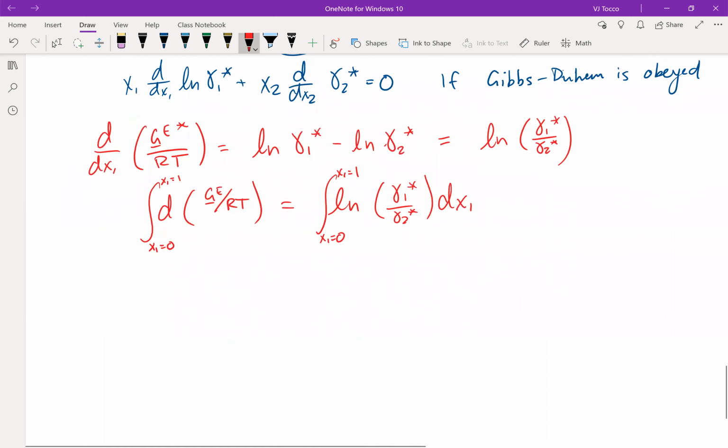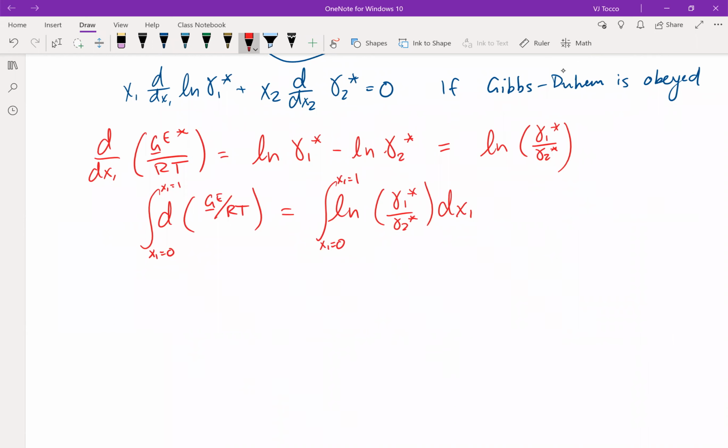And evaluating both sides, this is a derivative of GE over RT, so the integral is just the function itself. So GE over RT evaluated at x1 equal to 1 minus GE over RT evaluated at x1 equal to 0 must be equal to the integral from x1 equal to 0 to x1 equal to 1 of a ratio of the activity coefficients.